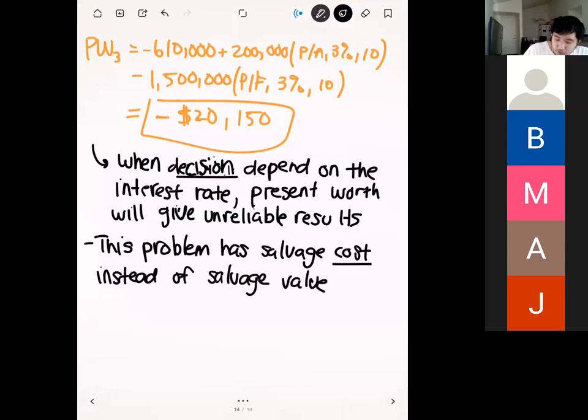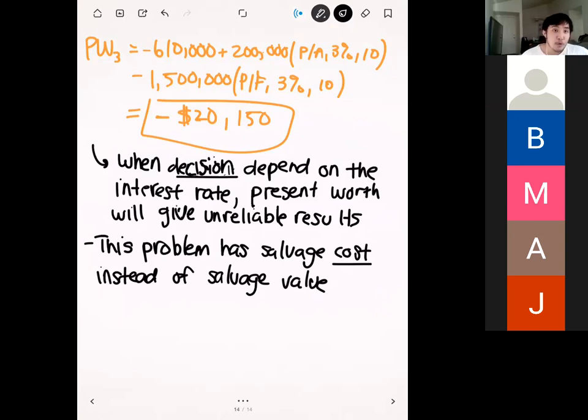Salvage costs are actually very weird and kind of unique. In those cases, you end up with this weird thing where, depending on what your interest rate is, your present worth will either be positive or negative. In cases where you have something pretty non-standard, present worth might not be the best option.